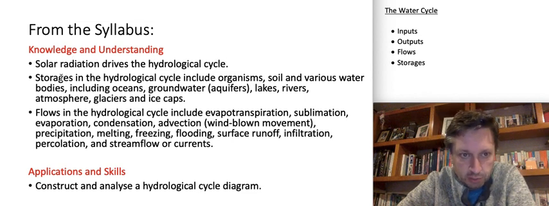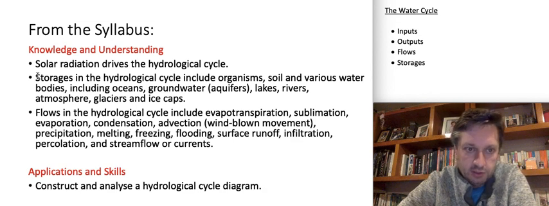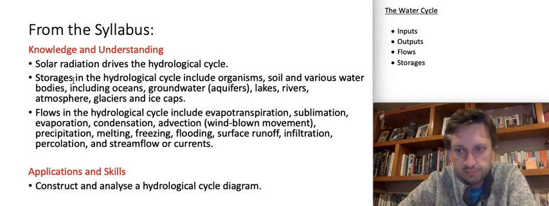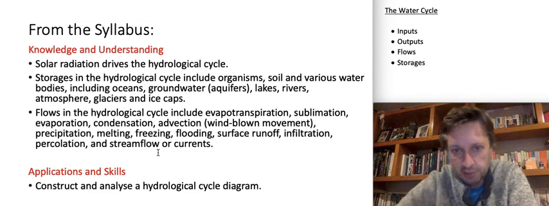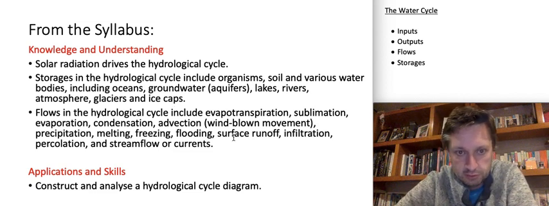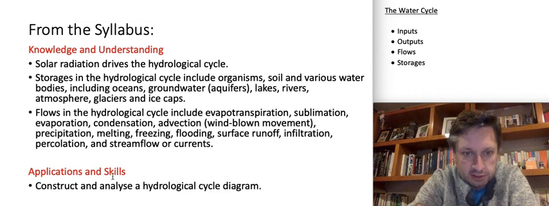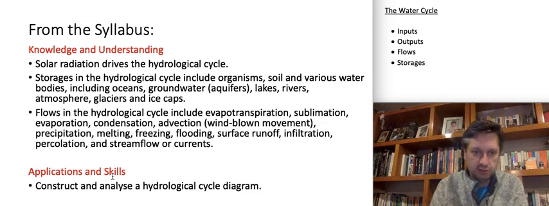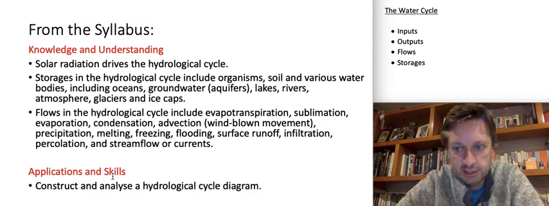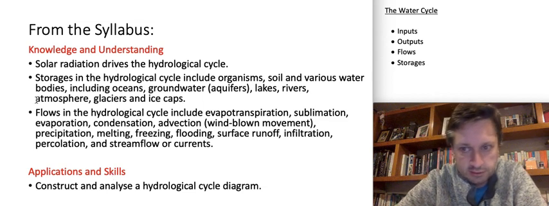Then these next two bullet points, you need to know examples of storages in the water cycle and examples of flows. You can take a minute to read those, but I'll go through them when I show the diagram anyway. Hopefully I'll cover all of them. And then finally, in applications and skills in terms of the water cycles, it says you need to construct and analyze a diagram of the water cycle itself, which is what I'm going to show you on the next and final slide.